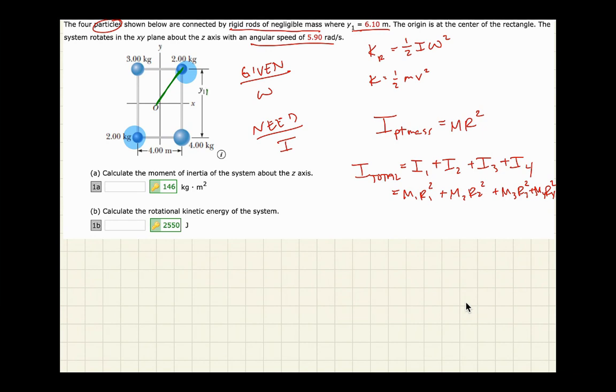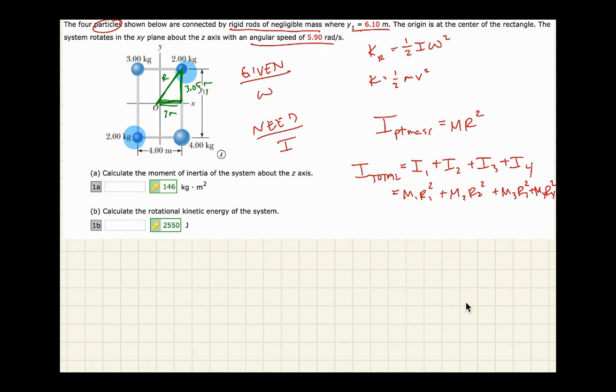So we'd have to use the Pythagorean theorem to solve for the radius, or the hypotenuse rather, of this little right triangle that we've drawn here. That would be 2 meters on the x-axis and 3.05 meters on the y-axis. Solve for r. Once you do that, you can plug it all in, substitute it out, and you're done.